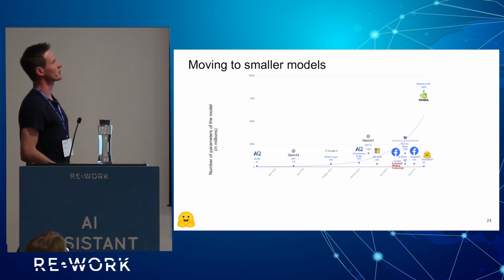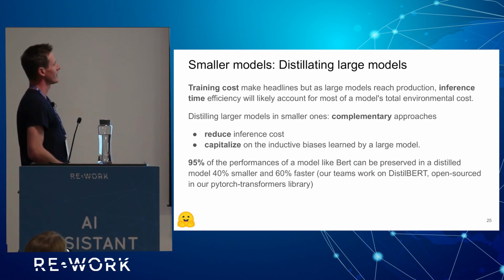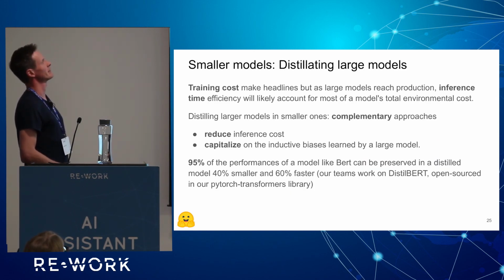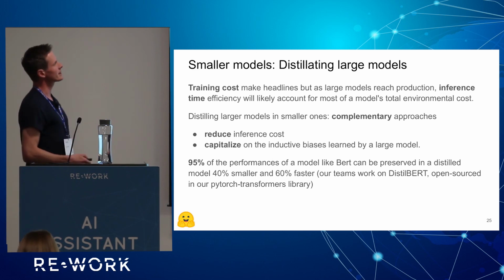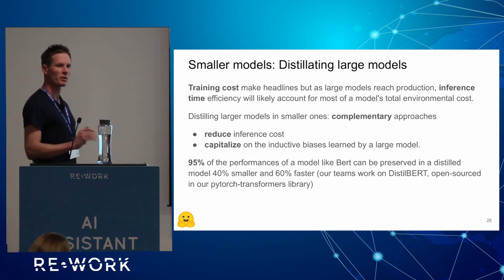So what we've tried to do at Hugging Face is to make smaller models. How can you do that? There is a smart way you can do that. You're usually okay with a heavy training cost because you do the training just once, but the inference cost in production is really where you want to have this as small as possible.